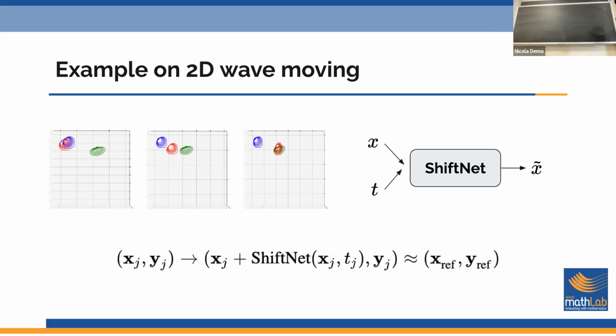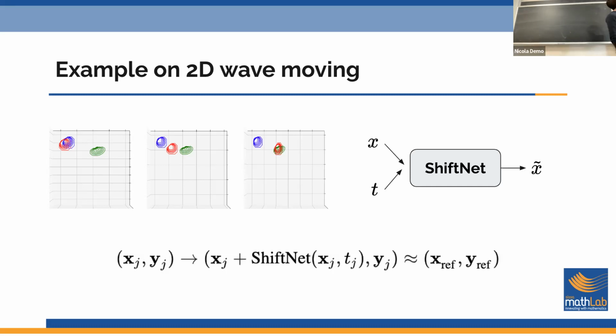So this wave is moving in this strange behavior. We don't know that. We just collected the snapshots, but at the beginning we choose the reference configuration that is more or less in the middle of the domain. Just think that you have to choose the reference configuration as the easiest way to somehow be closer to all the snapshots.